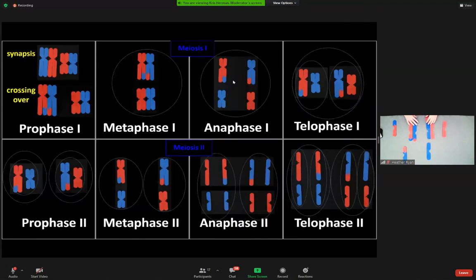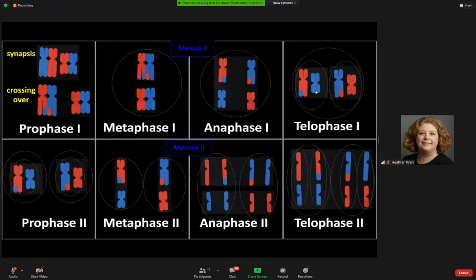So at the end of telophase 1, you have these 2 daughter cells that are already haploid. We started off with 4 chromosomes at the beginning, and you're already haploid, or half the number of chromosomes, at the end of that first division.